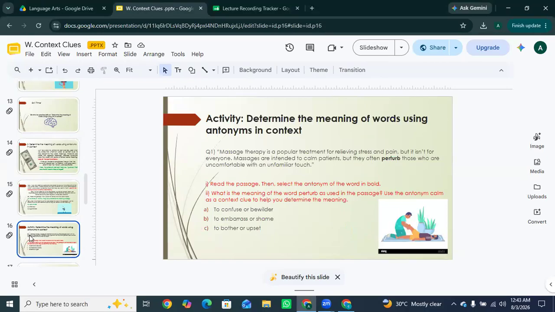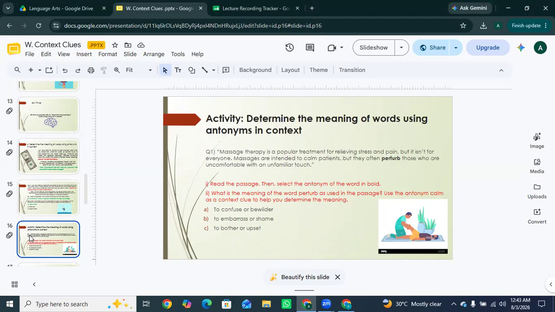Massage therapy is a popular treatment for relieving stress and pain, but it is not for everyone. Massages are intended to calm patients, but they often perturb those who are uncomfortable with an unfamiliar touch. Read the passage, then select the antonym of the word in bold. Here the target word is perturb, and the clue word in the passage is calm.